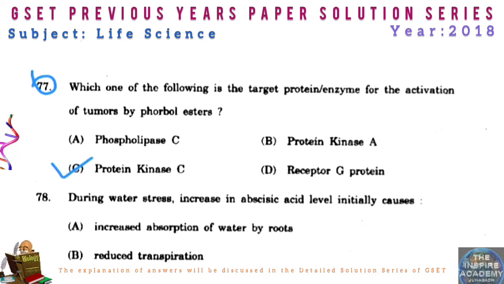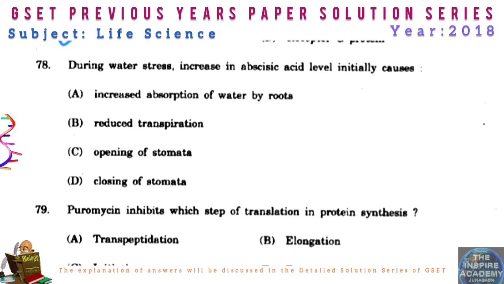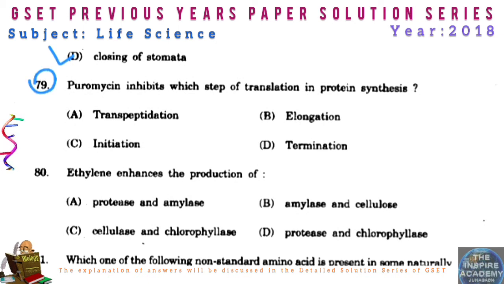Protein kinase C. Question number 78. During water stress, increase in abscisic acid level initially causes closing of stomata. Question number 79. Puromycin inhibits which step of translation in protein synthesis? Transpeptidation.